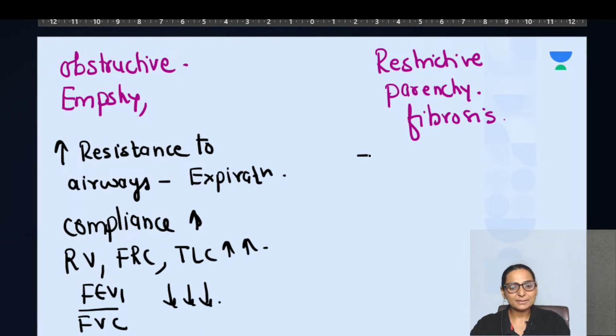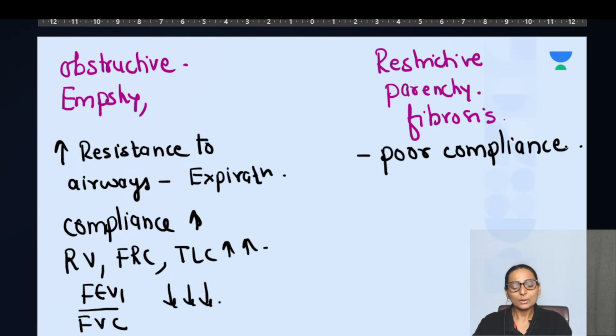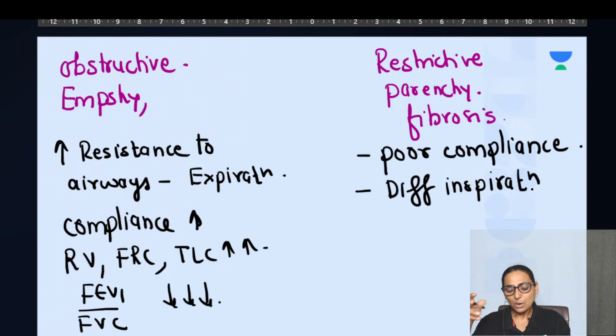In restrictive lung disease there is a poor compliance. Why is there a poor compliance? Because there is restriction. That means there is a difficulty mainly in inspiration. And according to the amount of air the patient is taking in, the expiration is almost fine. There is not much problem with expiration.